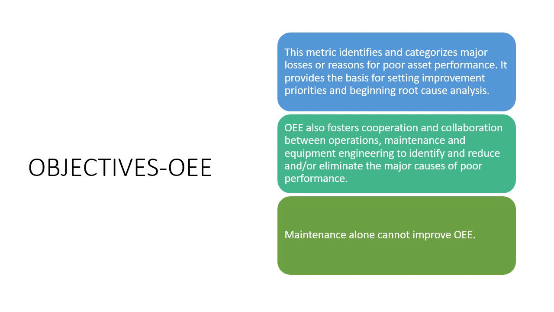These objectives or points may not be very clear to you at this point, but as we go through the formulas and derivation of OEE and take a practical example, all these issues will be clear to you when you can appreciate these objectives.